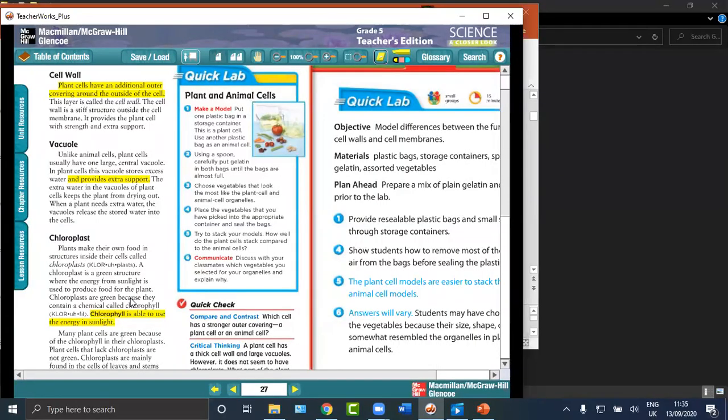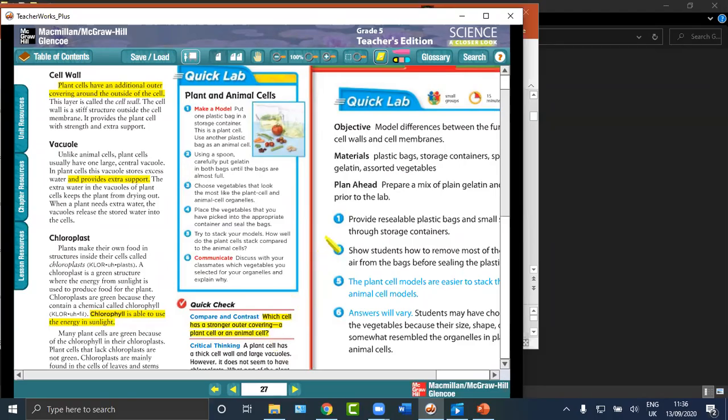A plant cell has a stronger outer covering. You can write the answer.